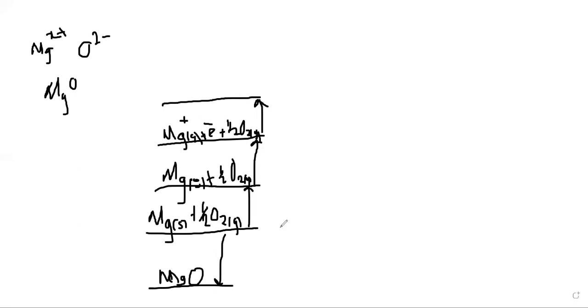And then, so let's just start again. So you have the magnesium in the solid state. We have to atomize it, convert it to gaseous atoms of magnesium. And at this point, we have the first ionization energy.